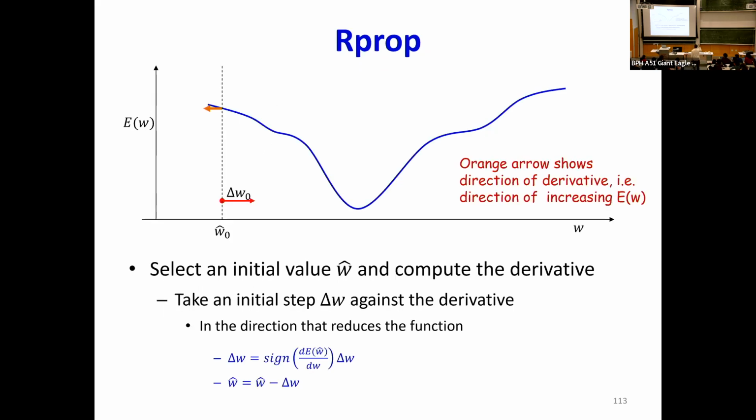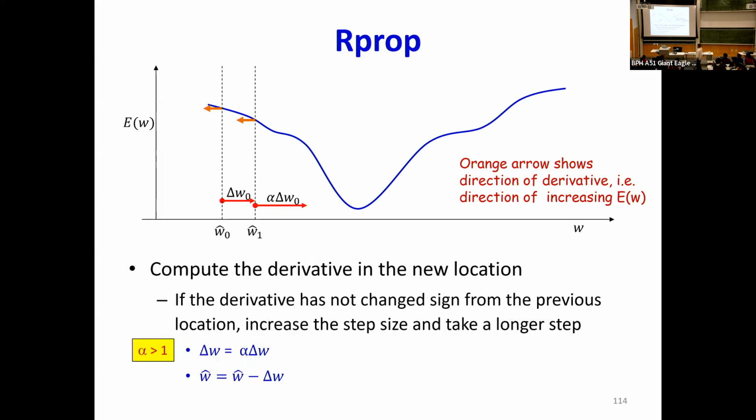Here's what you do. You start at some initial location and compute the derivative. You have some initial step size. The brown arrow shows the sign of the derivative. Here it's negative, which means you want to go forward, right? So you take a step and you get to the new solution. Then you check the sign of the derivative. The sign of the derivative has not changed.